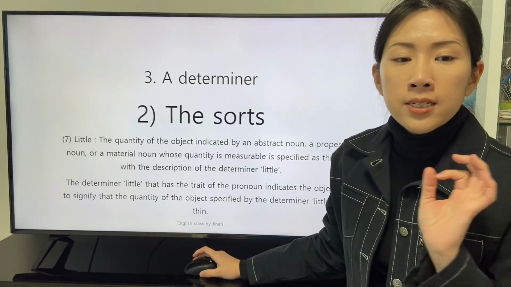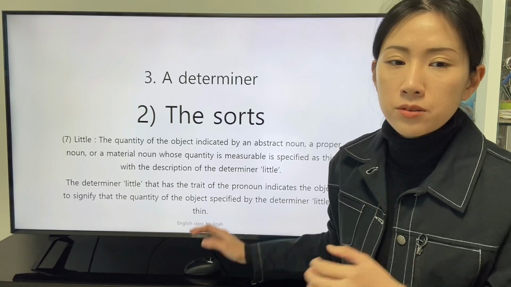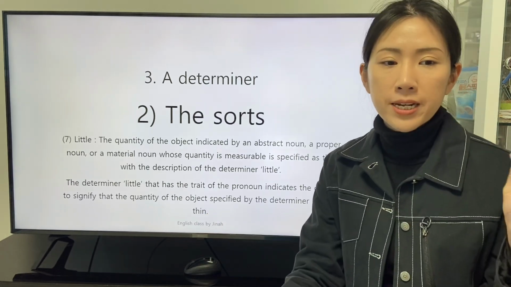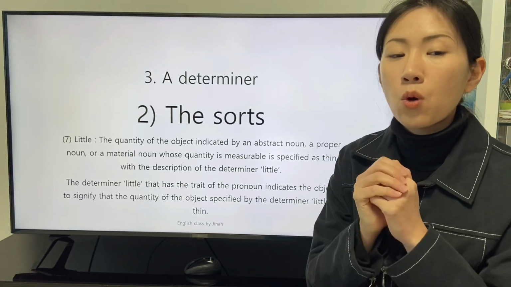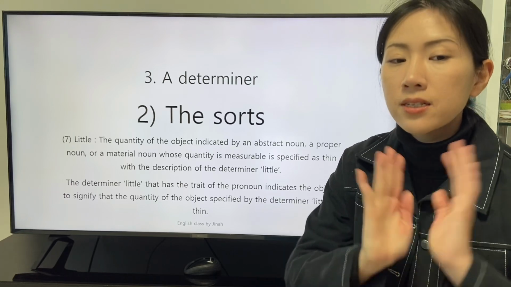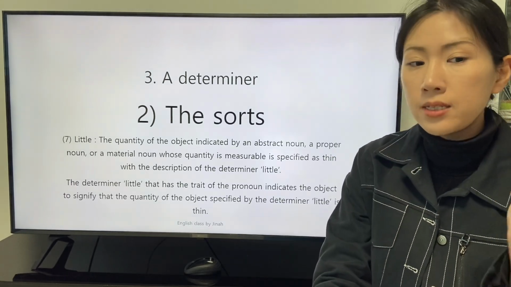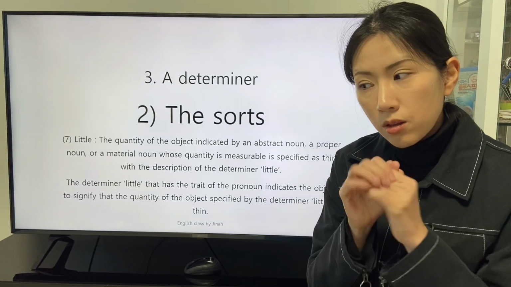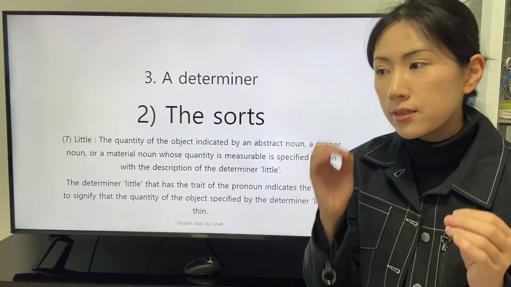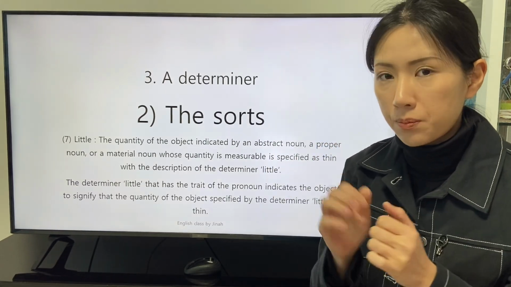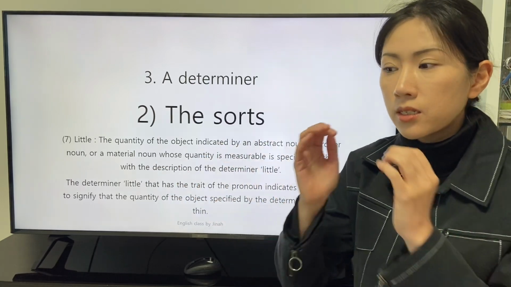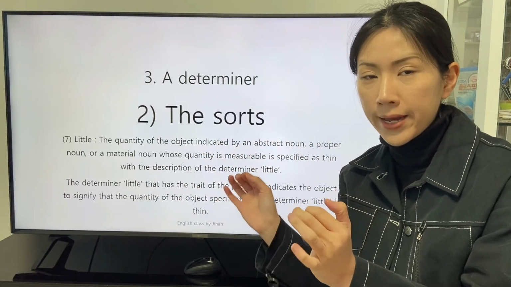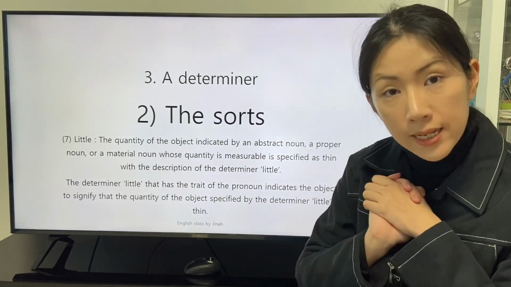The determiner little that has the trait of the pronoun indicates the object to signify that the quantity of the object specified by the determiner little is thin.